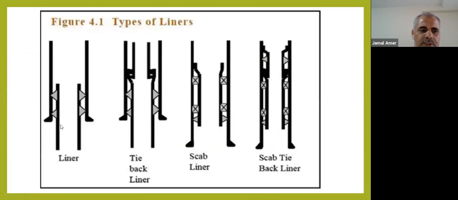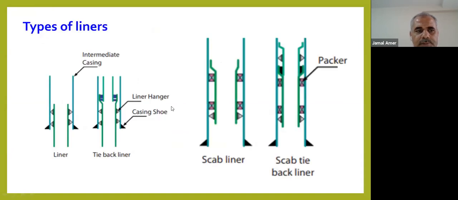As we see here, we have a liner. This liner is hung at the bottom, at the end of the previous casing, could be the production casing. We have different types of liner. We'll talk about them all in our course.